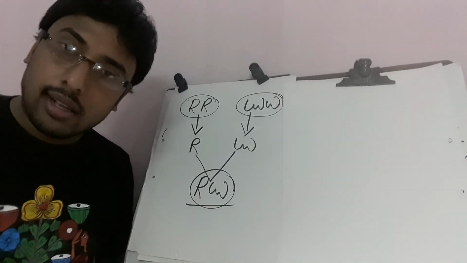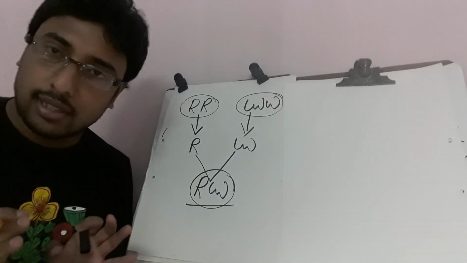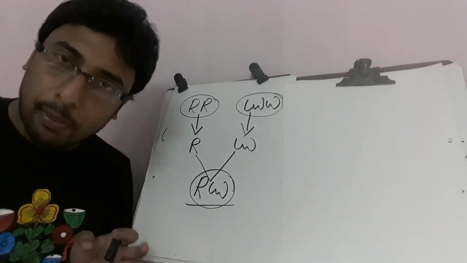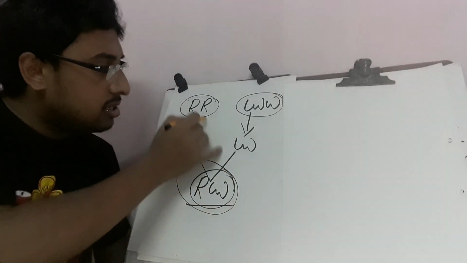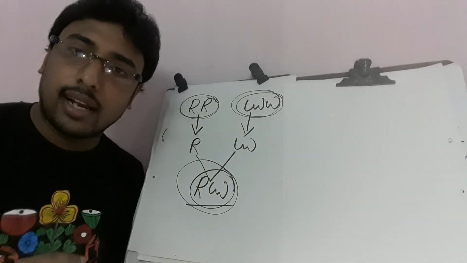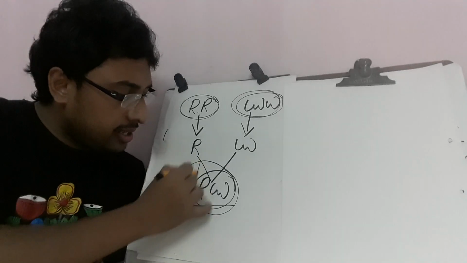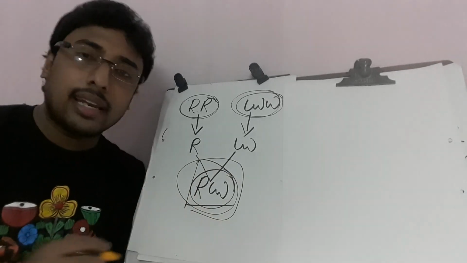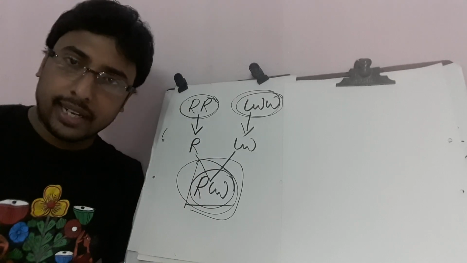But here the flower will be a mixture color of red and white, or purple you can say. Why? Because the characteristic feature, the red color, and the characteristic feature, the white color, are mixing with each other. This kind of experiment is known as incomplete codominance, where it does not follow the Mendelian experiment.